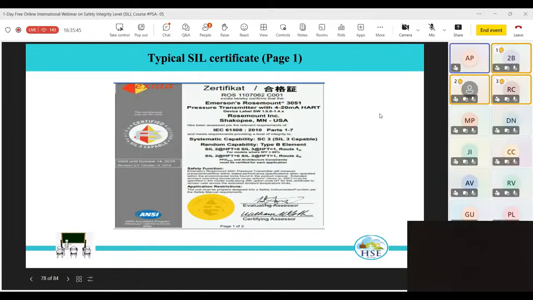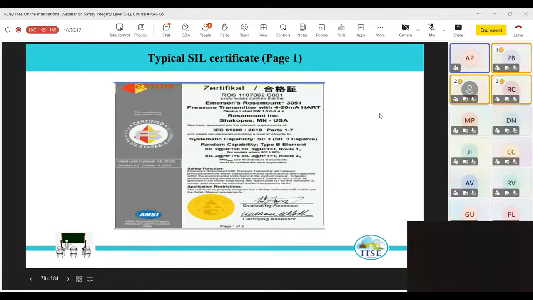Exida will study the whole work processes and the calculations, everything they will see, and then they will certify as per component, and then they will issue this certificate, and a certification report also will be issued by Exida. So there are three documents required to be there in a certified device, either a PLC or a device or a sensor.